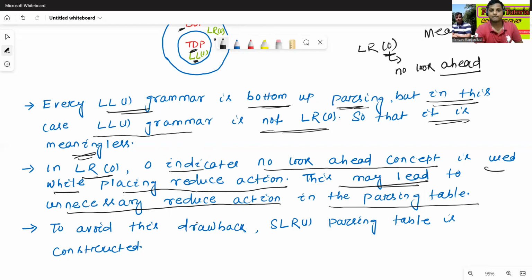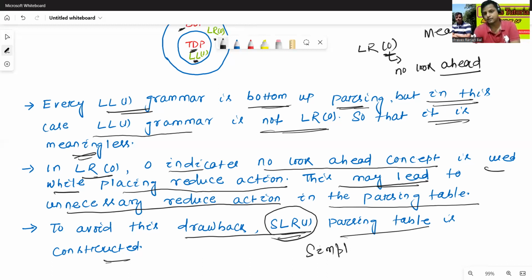Okay. So to avoid this drawback, we'll construct the SLR1 parsing table. SLR1 means what? Simple LR1.